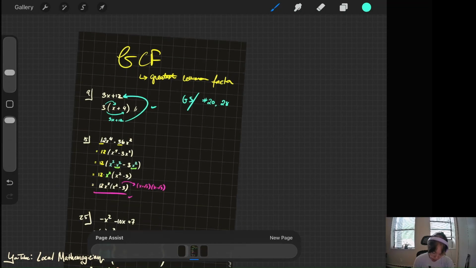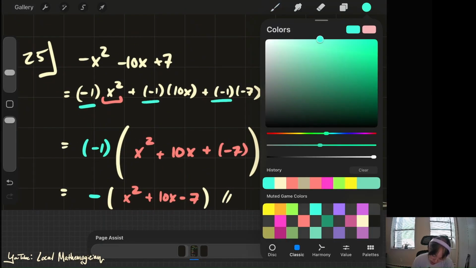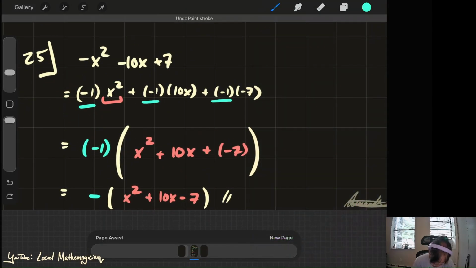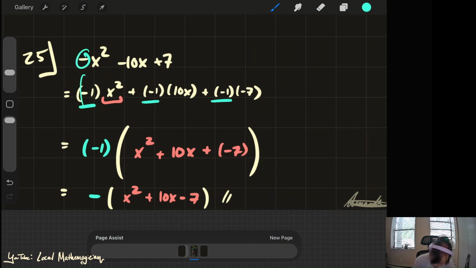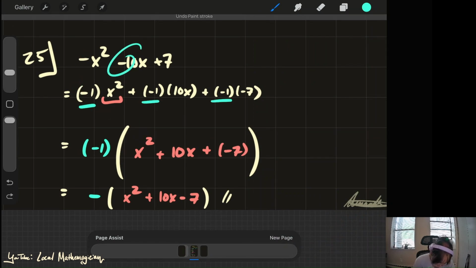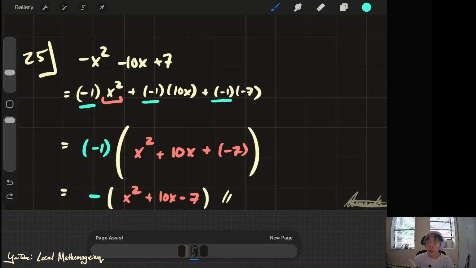One thing I do want you to note is, do you notice how when I factored out that -1, the signs swap? This becomes positive, this becomes positive, and this becomes negative. The shorthand is you switch the signs. But what we're really doing is factoring out that -1, doing it this way.